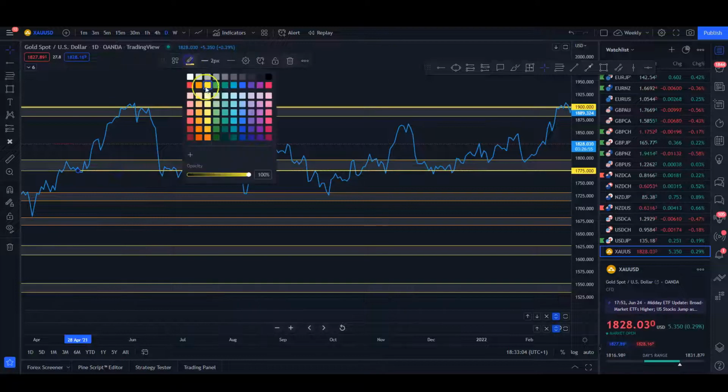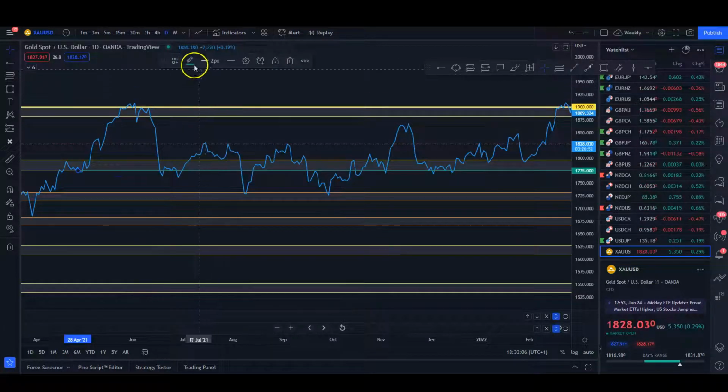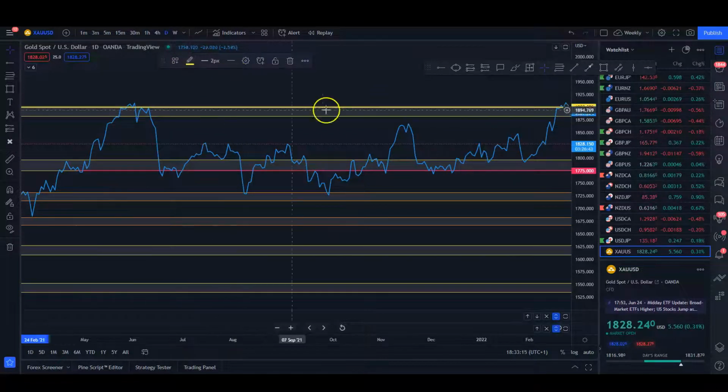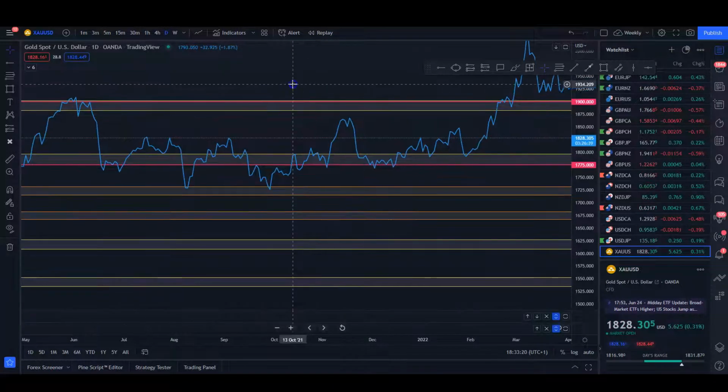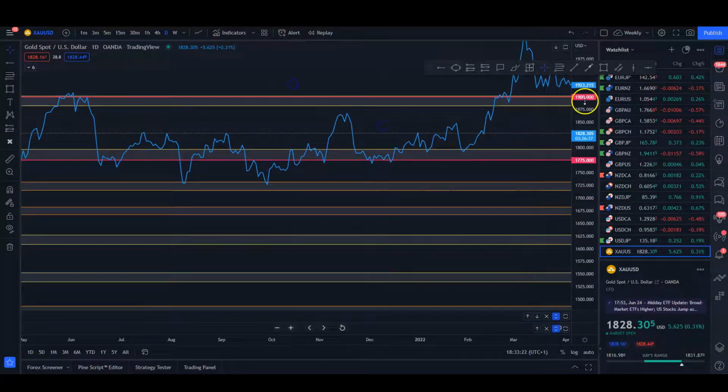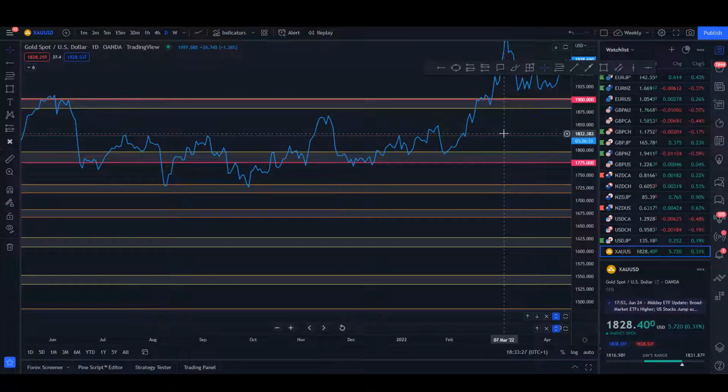Sorry, I should have done these different colours. Let's do pink. So that's that area that's being held. So in terms of drawing some lines, you can have the area, but also just be aware of those key monetary numbers and rounding them to the nearest 25, I would say, because when the big institutions are putting their orders in, they're not going to put them in at 1764.32.